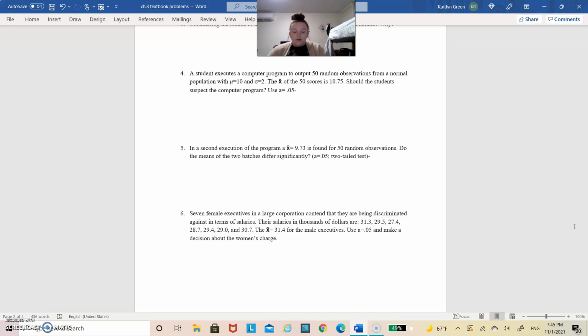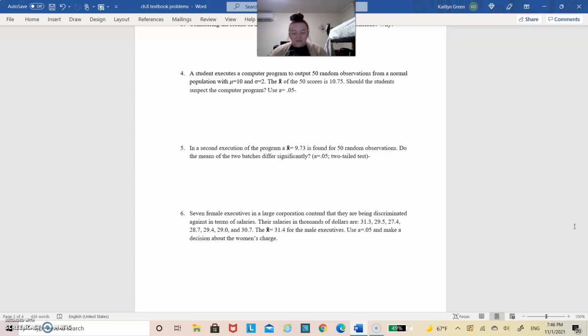I then took our mean value. I'm sorry, I was looking at number 5, but it was already given us sigma, and so we just took sigma, going back to number 4, and divided it by the square root of n to get a value of 0.28. I was just trying to make it much harder than it needed to be.